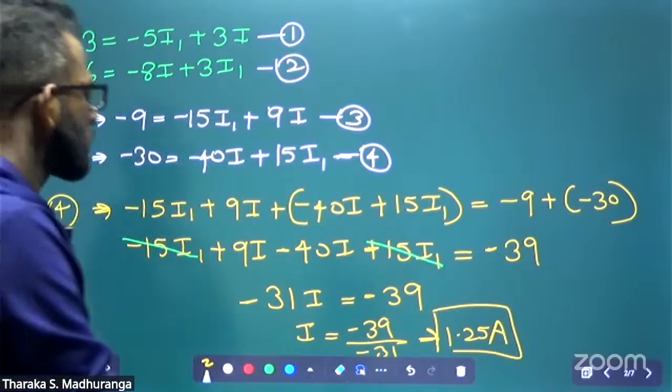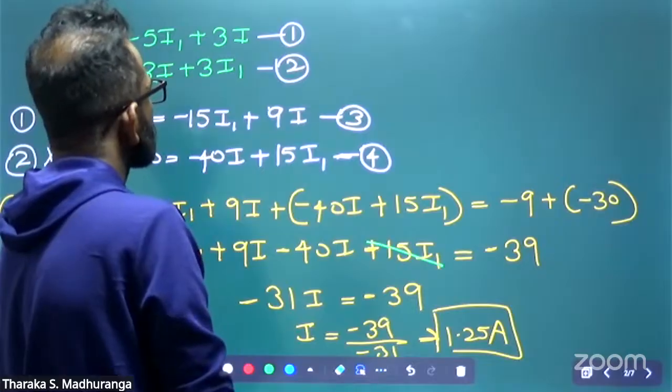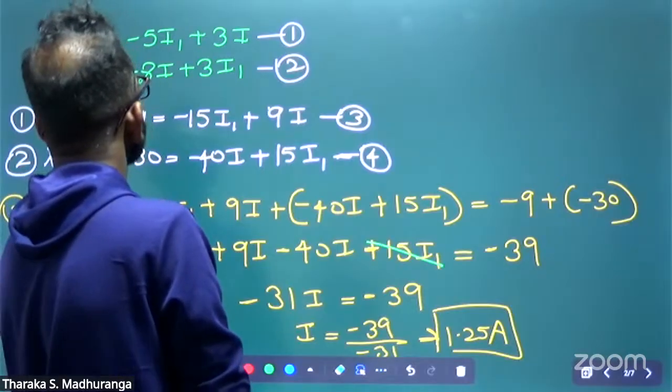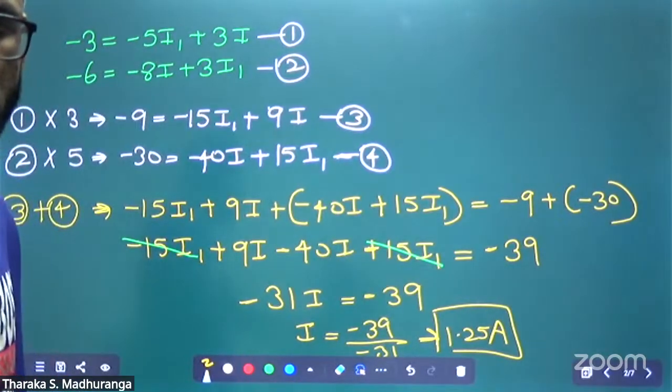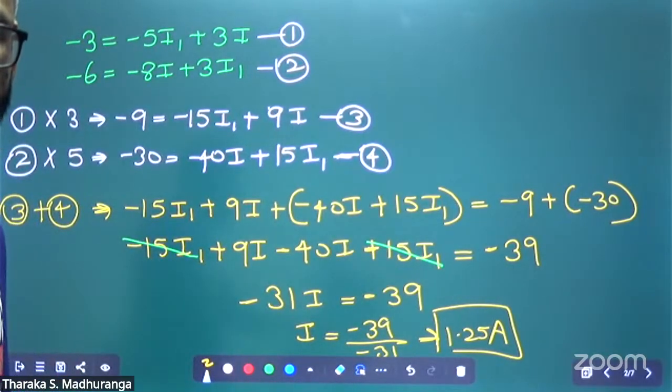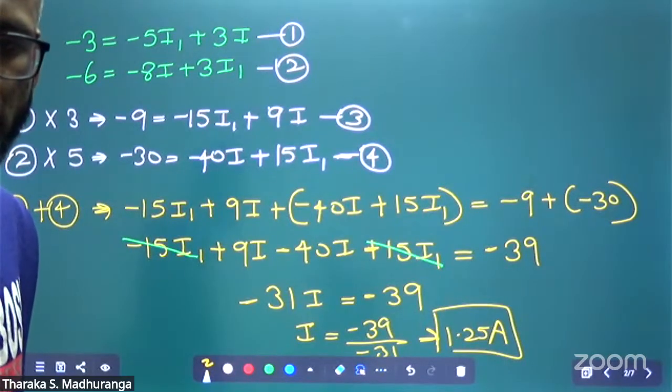Okay, now I equals 1.25. If it is 1.25, what is the value of I1? Good Chenan, I1 is 1.8.